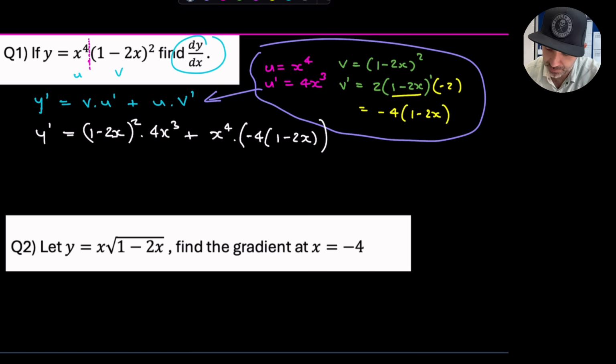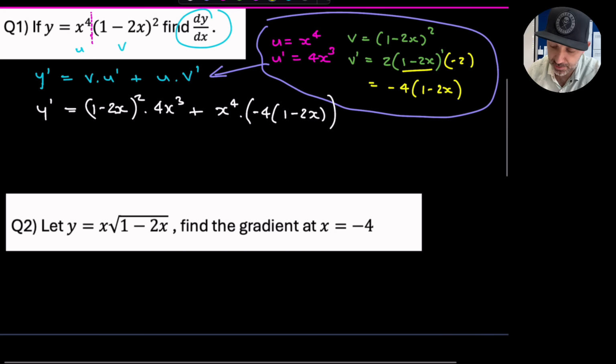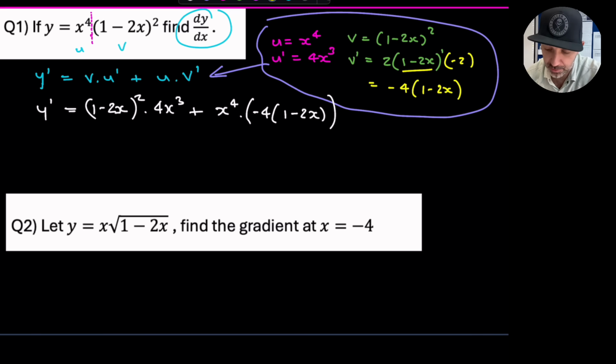Now, if you notice, I'm being quite careful with my brackets here. I'm trying to keep things together so things don't get split. But that is really the result, because I don't have to substitute a number into that.